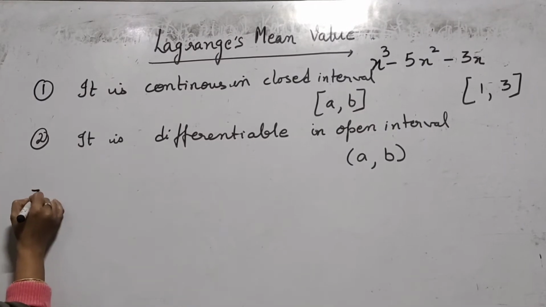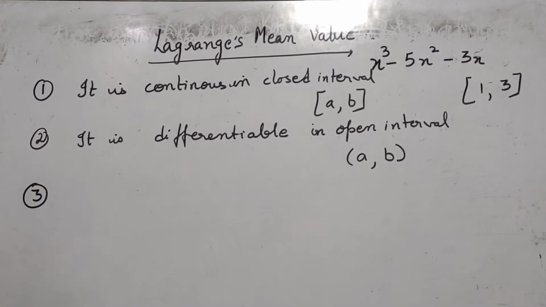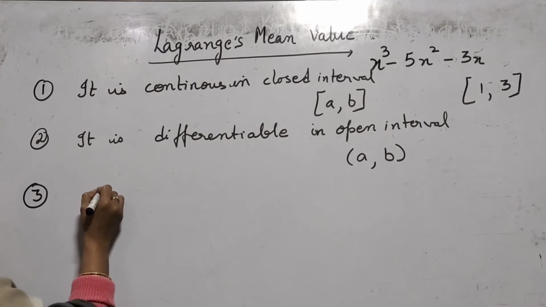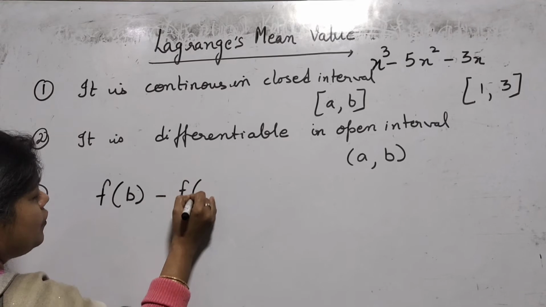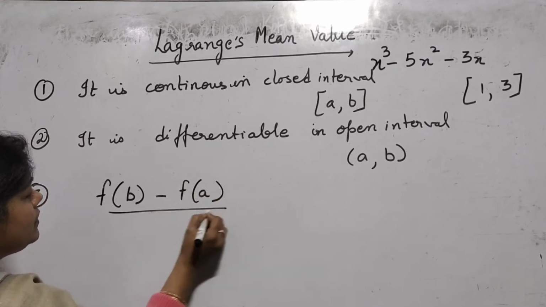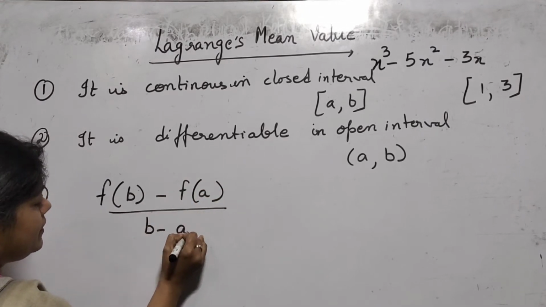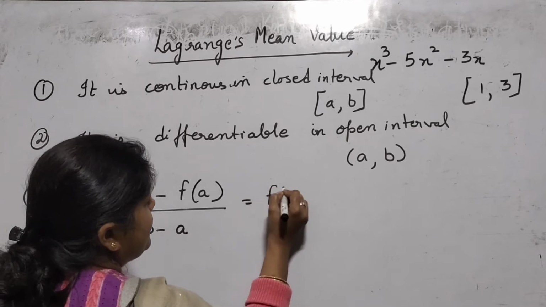Now, third condition, f of b minus f of a over b minus a is equal to f dash c.